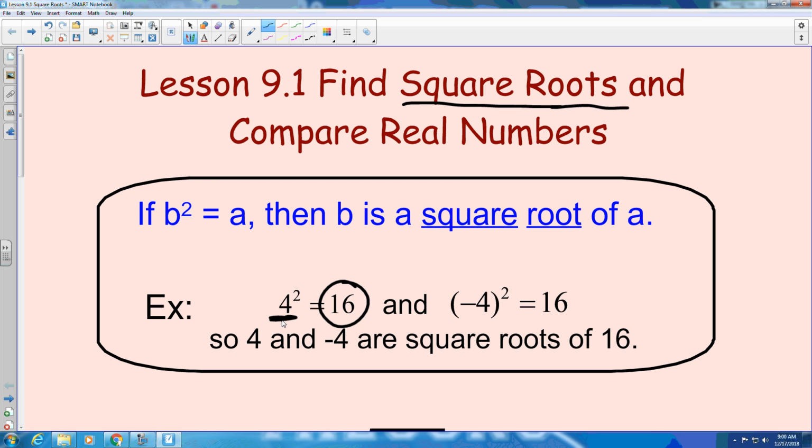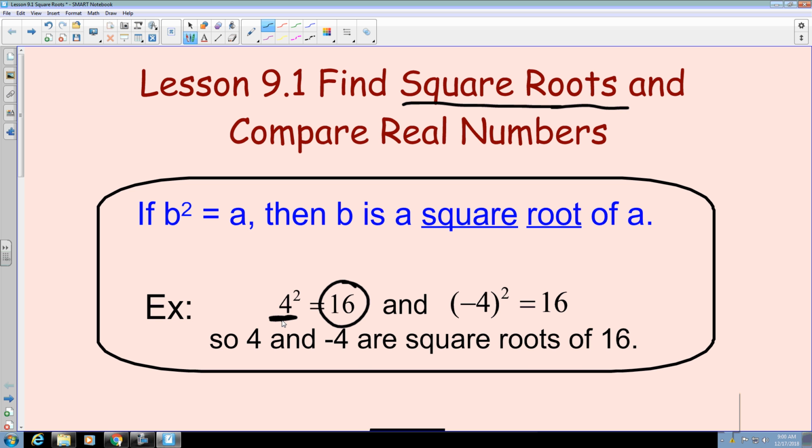So, the square root of 16 would be 4. The reason why it would be 4 is because if you were to square 4, you would get a result of 16. Another thing that you can keep in mind is it also works with the negative number.